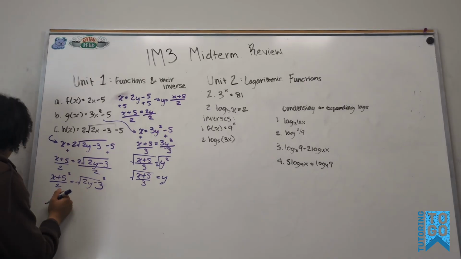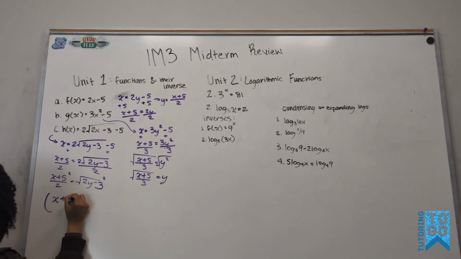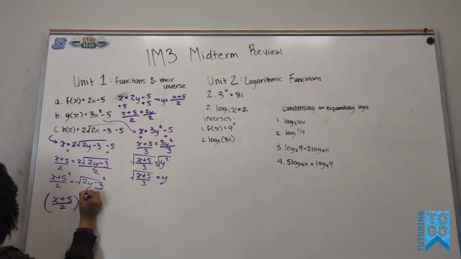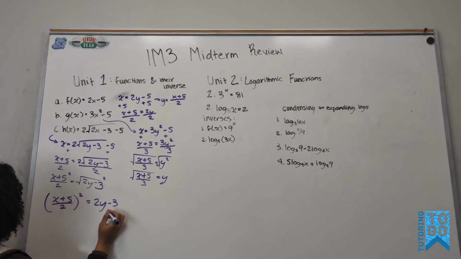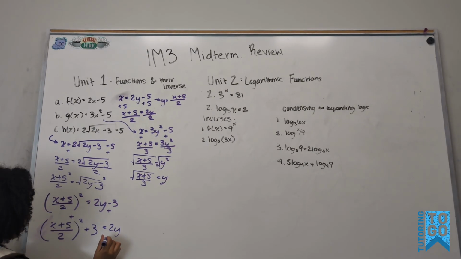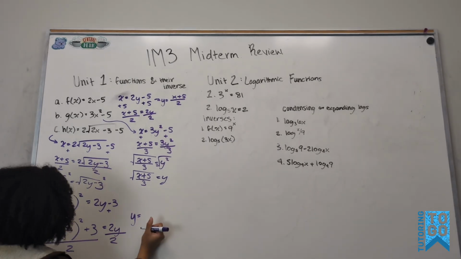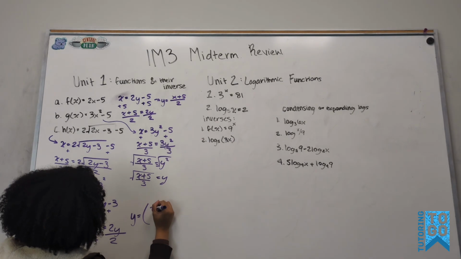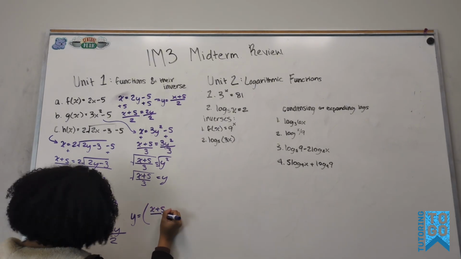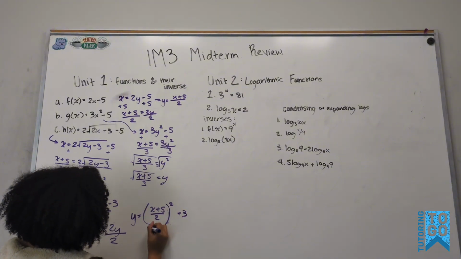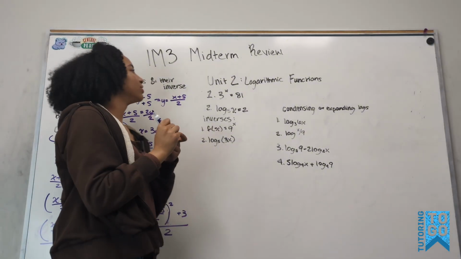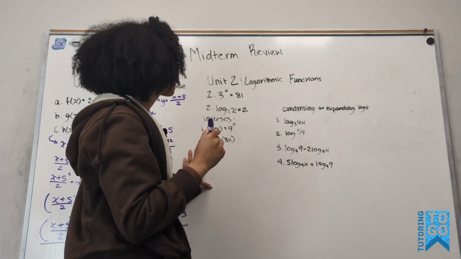So then it's x plus 5 divided by 2, squared, equals 2y minus 3. And then you just add 3 to both sides. And then you divide the whole equation by 2. So your final answer is y is equal to x plus 5 divided by 2, squared, plus 3, all divided by 2.